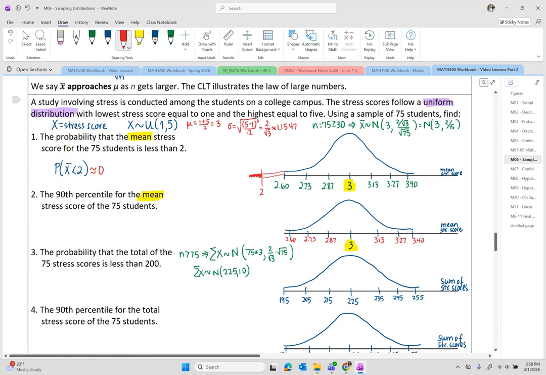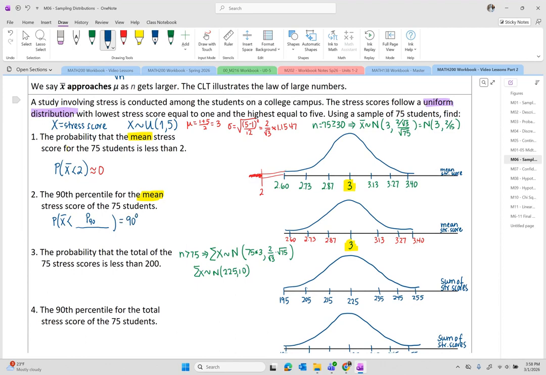The 90th percentile for the mean stress score. So they are asking us to find what's the probability the mean being less than some answer, which is the 90th percentile, P90, and that probability has to equal 90% or 0.90.